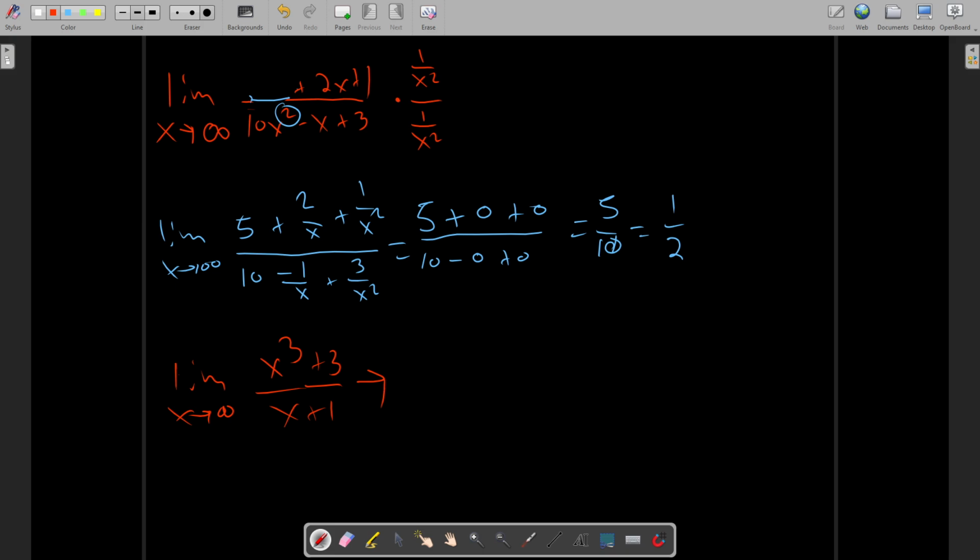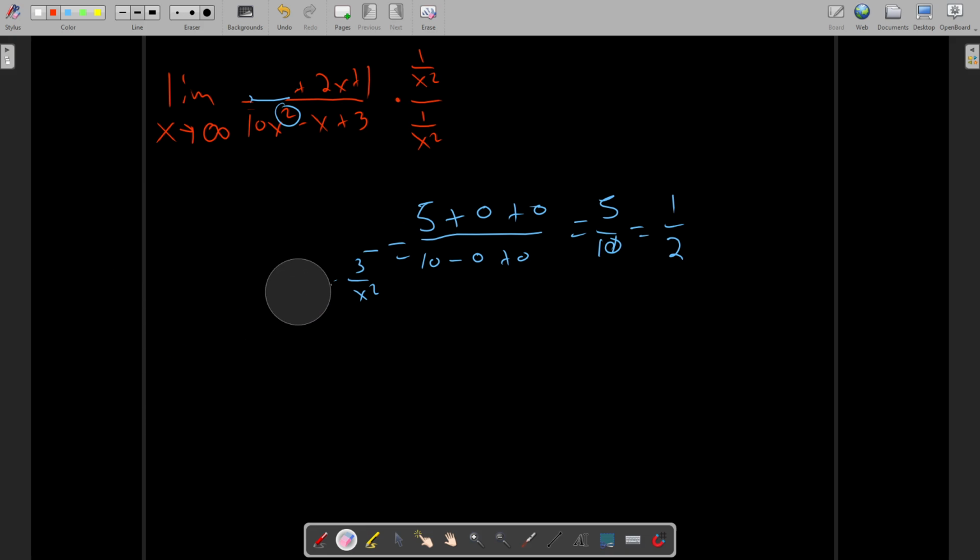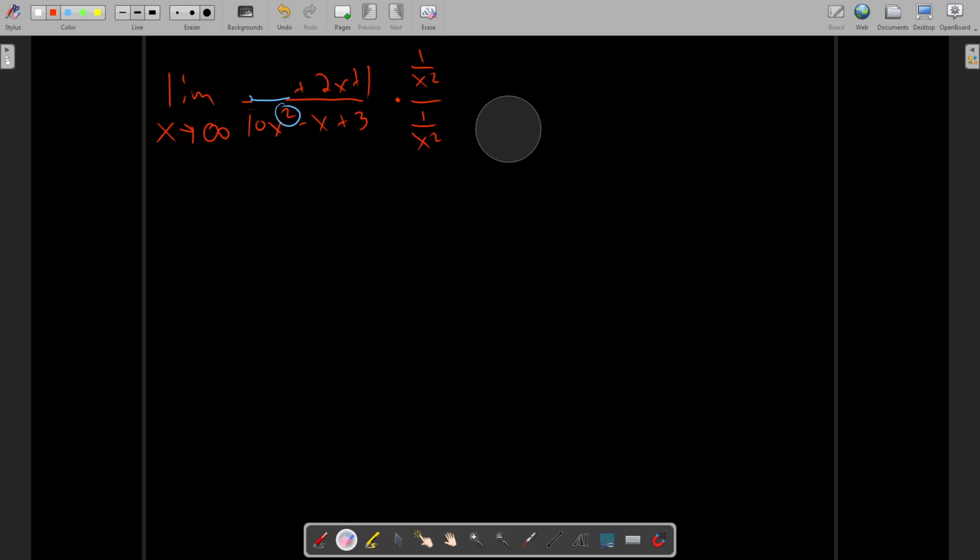So this will go to infinity. And yeah, so that's just something that's interesting. So that's some pretty basic stuff about limits here.